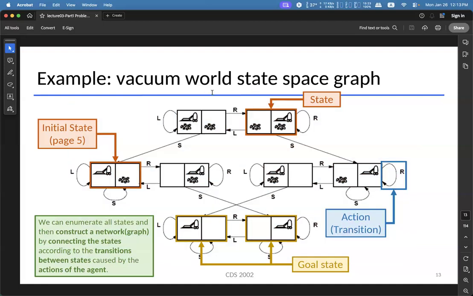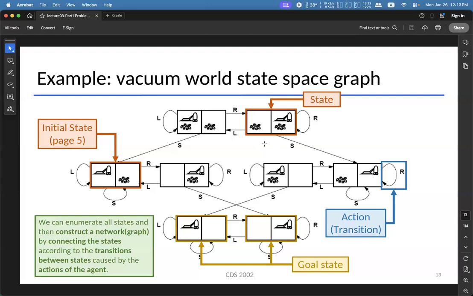As you can see here, the left state has an arrow to the right state, meaning that the left state can transit to the right state. This transition is caused by the agent moving from the left room to the right room.